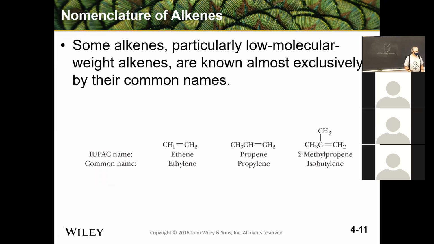Common name is ethylene. This is propene in the IUPAC, or propylene in the common name. This one is called isobutylene. Remember isobutane. Systematically it's 2-methylpropene. On the test, I'm just going to go by IUPAC.